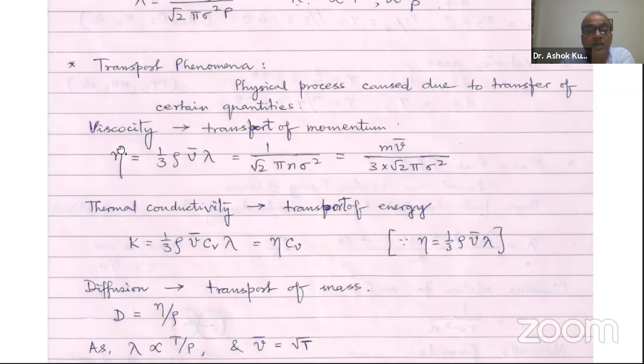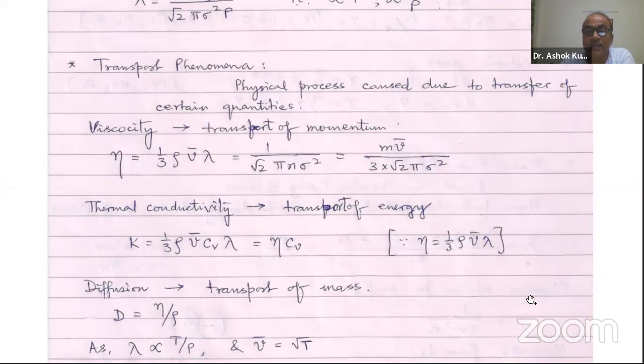Viscosity is a mechanical property, as we had the idea so far, and thermal conductivity is a thermal property. From the kinetic point of view, this mechanical property and thermal conductivity become equal just by one term. So in the kinetic view, all these properties are the same.